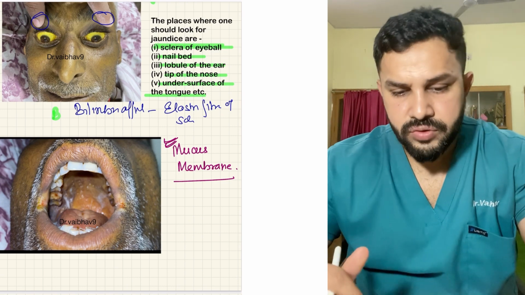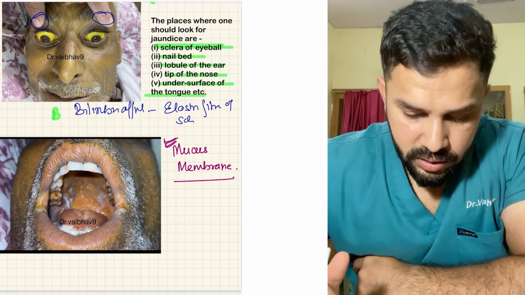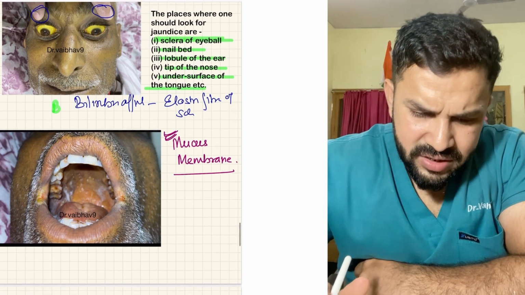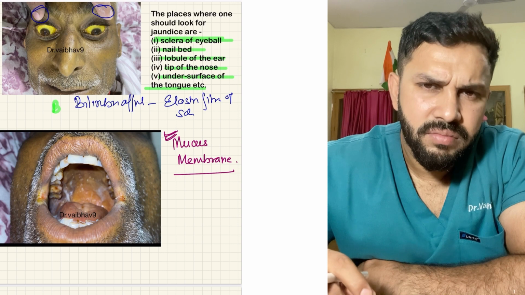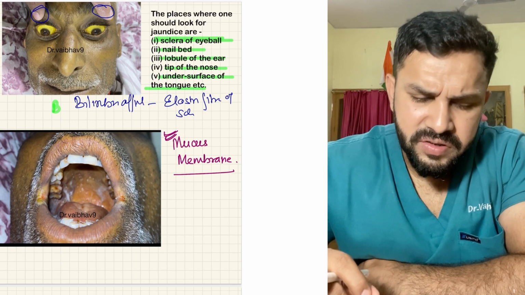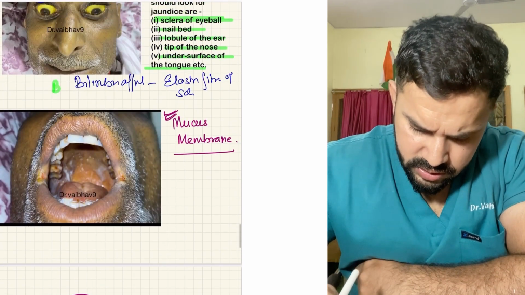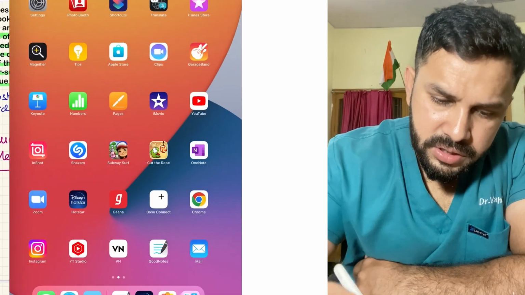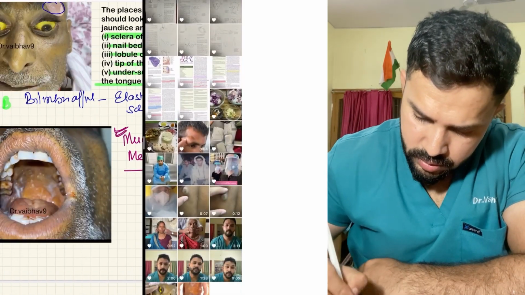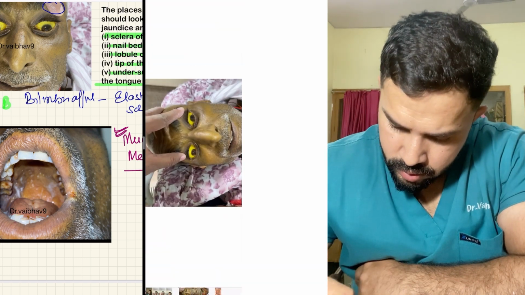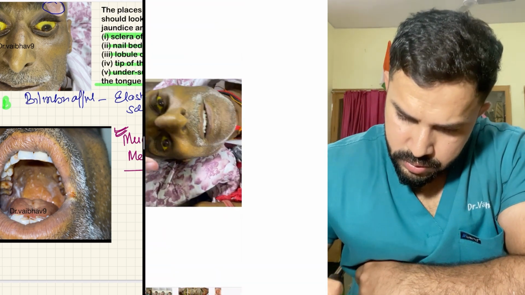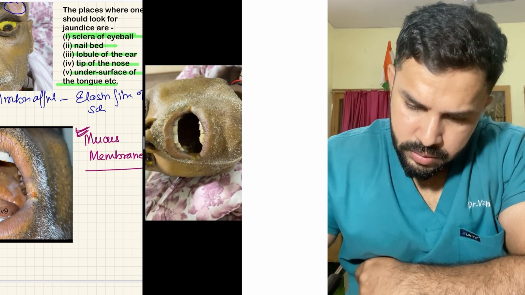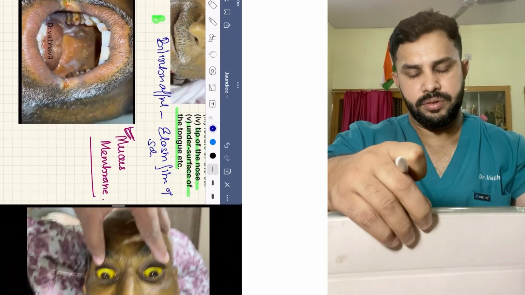Okay, so this is the patient I saw in my emergency, and the bilirubin was 23. It was a very high case. Now coming to this part, see this.